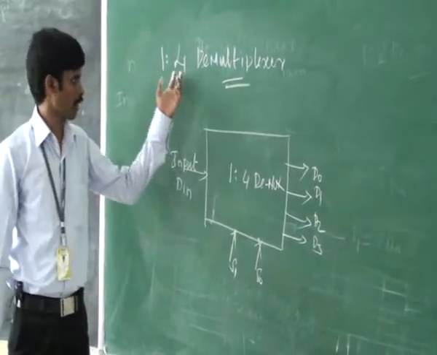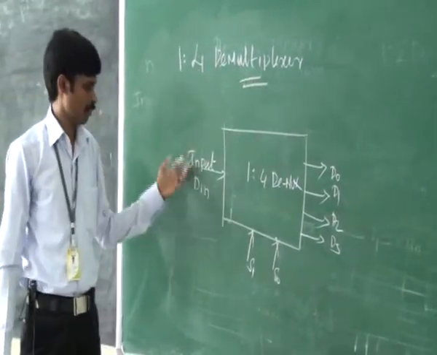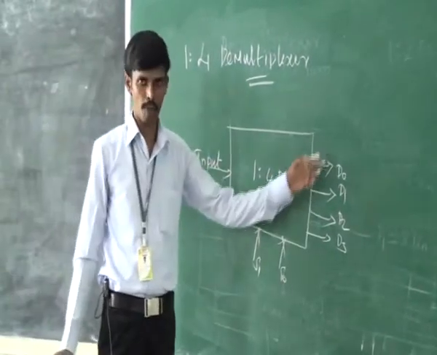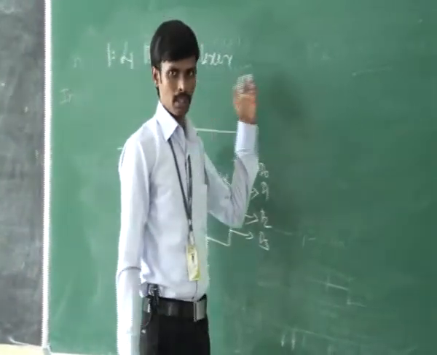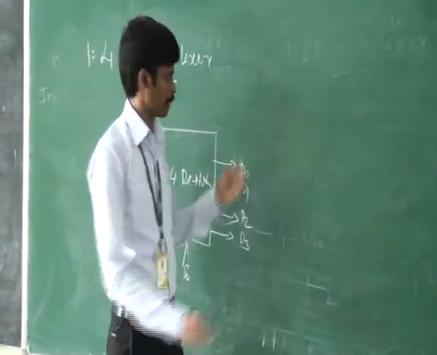This is the basic block diagram for 1:4 demultiplexer. It consists of one input, two select inputs and four outputs, D0, D1, D2, D3. Now let us see the truth table for 1:4 demultiplexer.